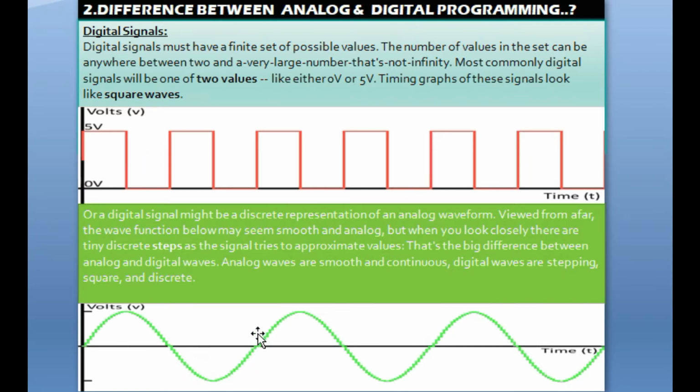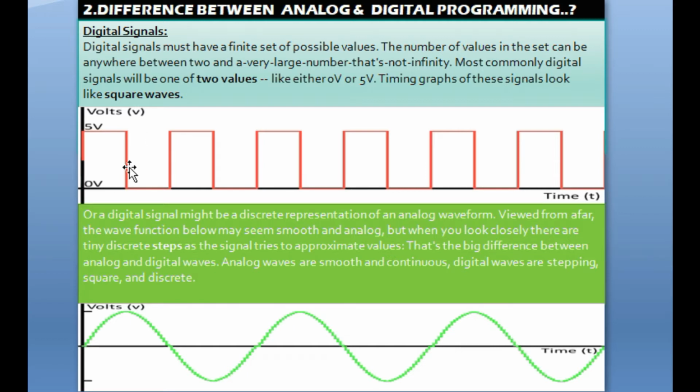Otherwise analog varies every second. This is a measurement, and its value is changing all the time. Digital is not changing. It is a fixed 0 or 5, that means low level or high level. These are the two conditions of a digital signal.